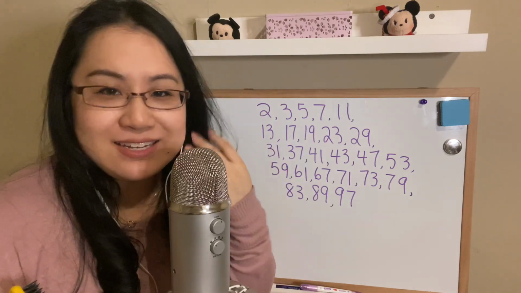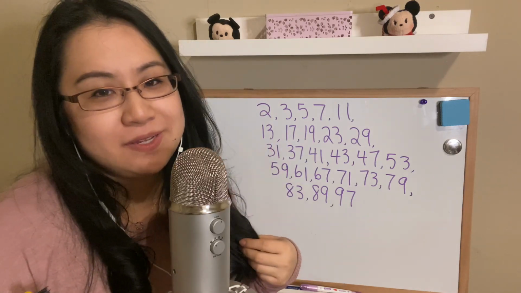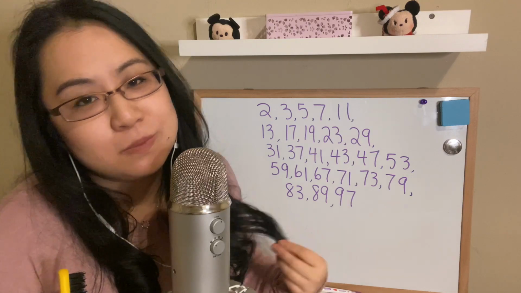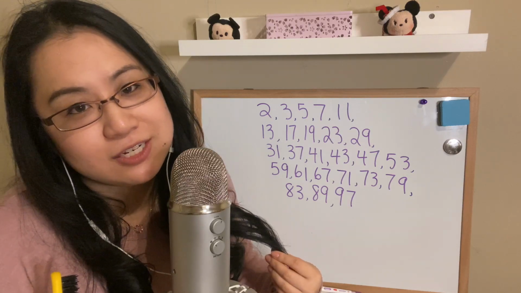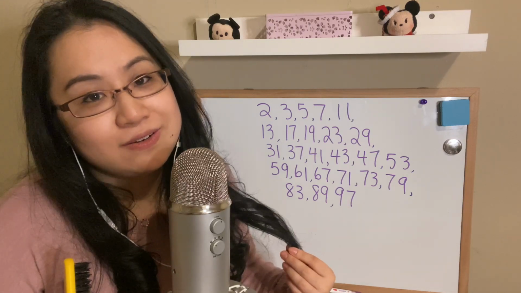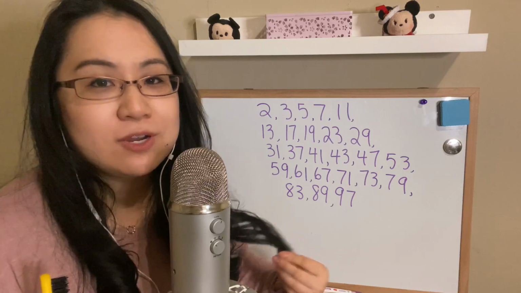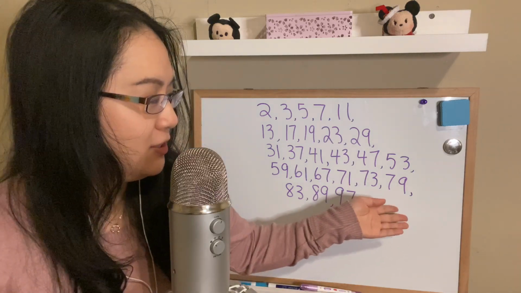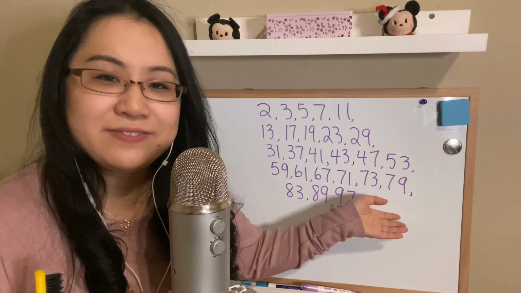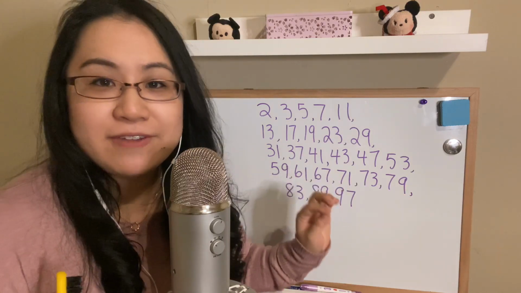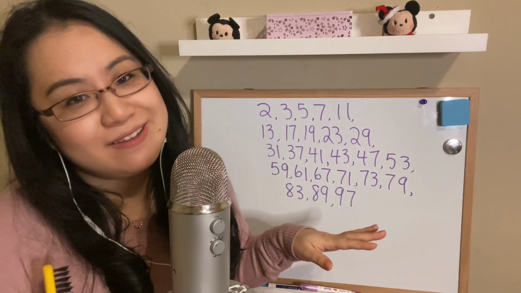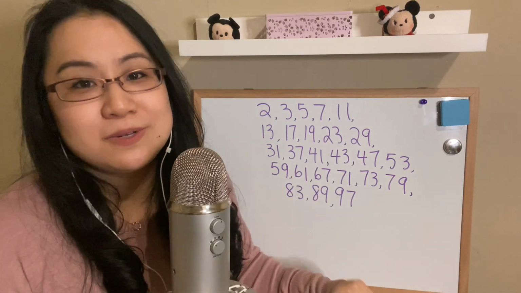So today we will do the prime factorizations of the numbers from 1 to 100. Was that how you say it? You find the prime factors of the numbers from 1 to 100.